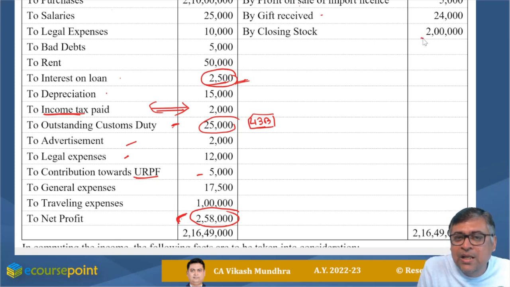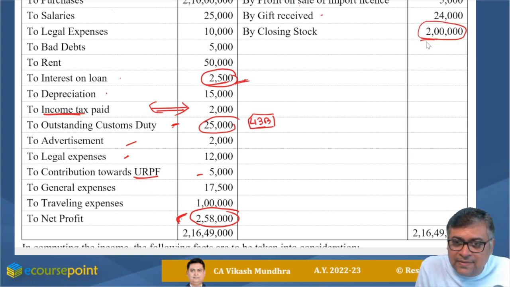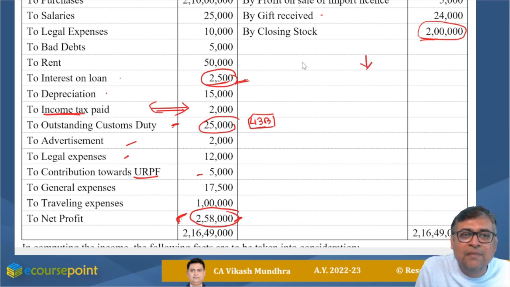Similarly, my closing stock is also undervalued, it is only 90% of the actual, which results in a decrease in my profit. That means undervaluation of closing stock will decrease my profit, and undervaluation of opening stock will increase my profit.